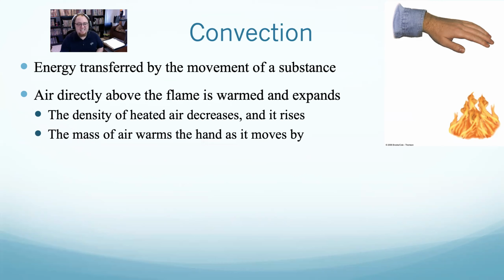Convection is basically heating something by blowing hot air over it. See, when you make a fire, it's going to heat up the air right at where the fire is. When you heat up the air right at the fire, thermal expansion, the air is going to expand. As the air expands, its density is going to change. As its density changes, the hot air is going to rise. And so the area right above a fire is really hot because it has hot air coming past it.